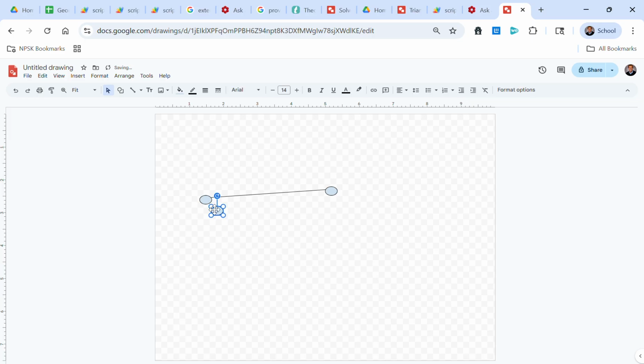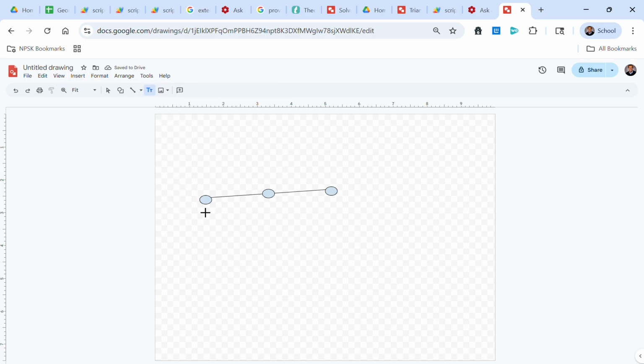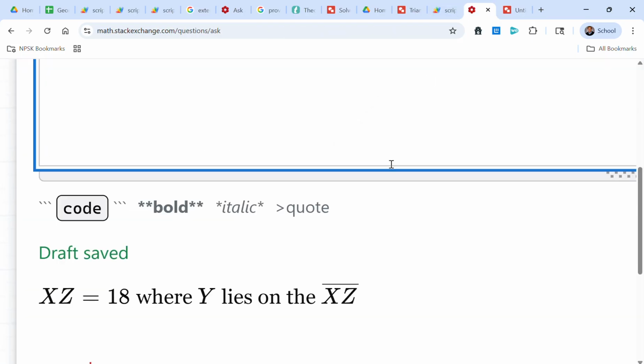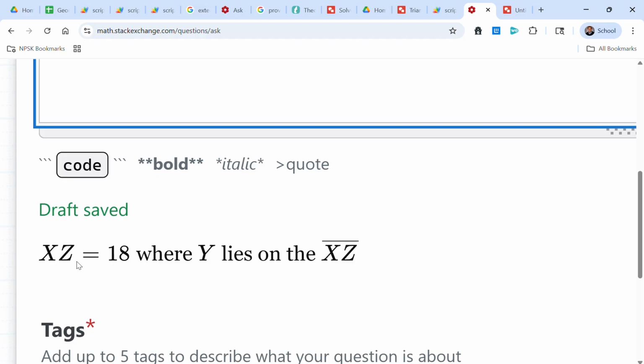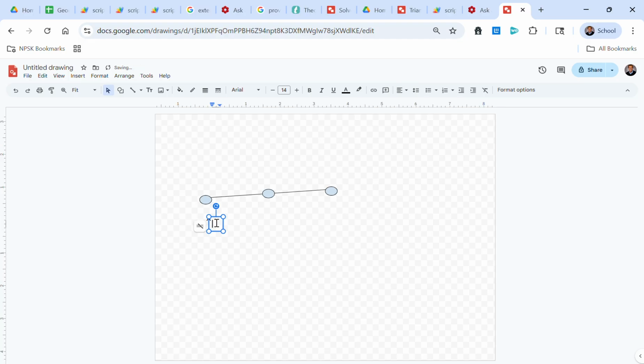So for instance, let's say we have x hanging out on the end, and we have z hanging out at the other end.